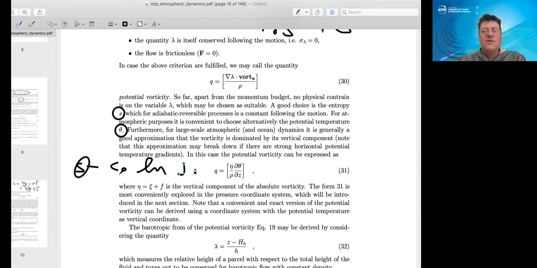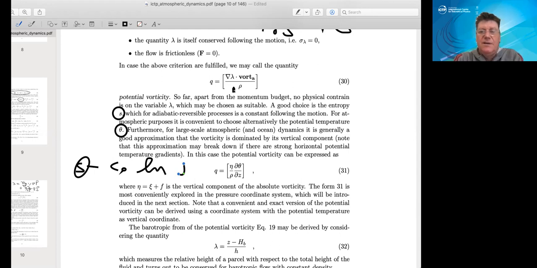Now, let's say we pick the potential temperature, which indeed, if you look it up in your lecture notes from atmospheric thermodynamics, is just a function of pressure and density for the atmosphere. Then there's one way to simplify this equation a little bit further, knowing that the vorticity is dominated by the vertical component.